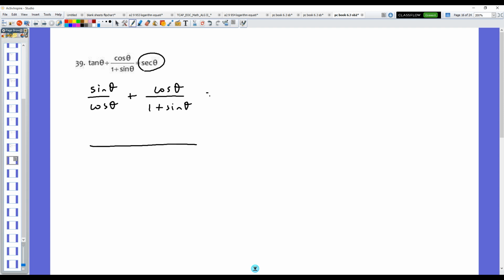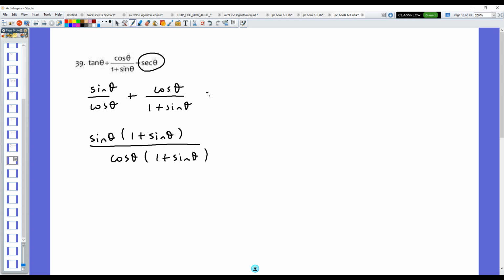I'm going to get a least common denominator. Remember, secant is 1 over cosine. It'd be awfully nice if I could get rid of that 1 plus sine somehow. From cosine to cosine with the 1 plus sine, you need to pick up the 1 plus sine. So with my sine, I pick up the group 1 plus sine.